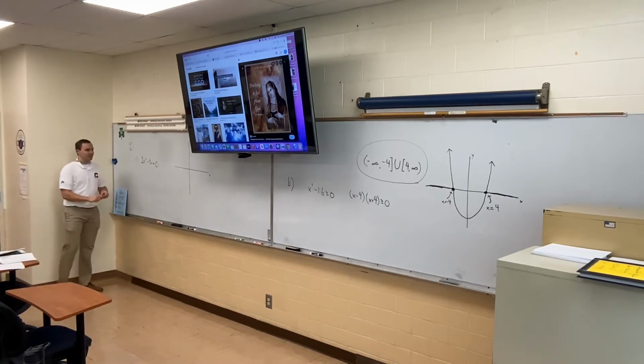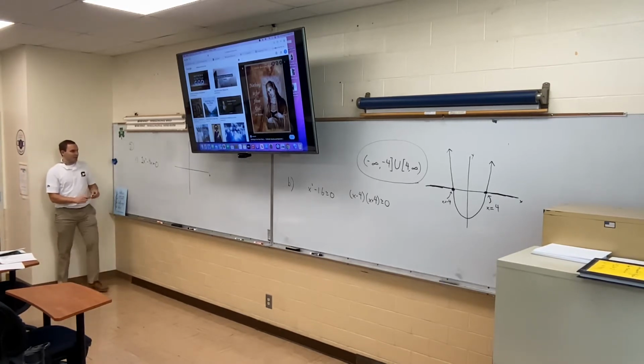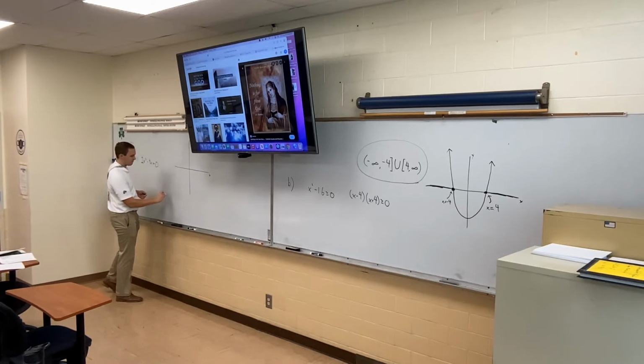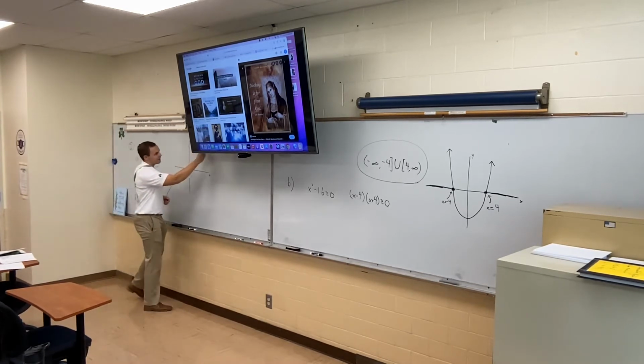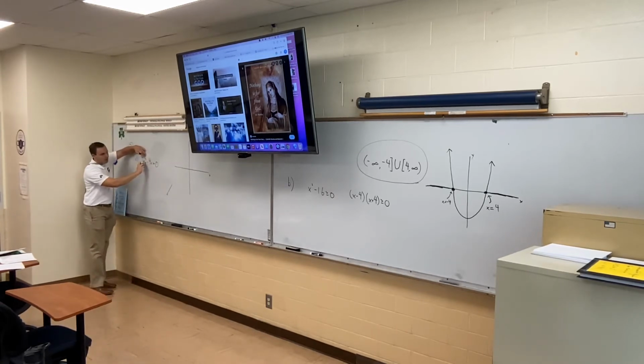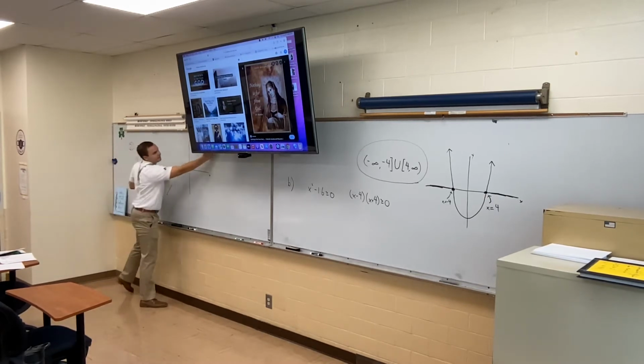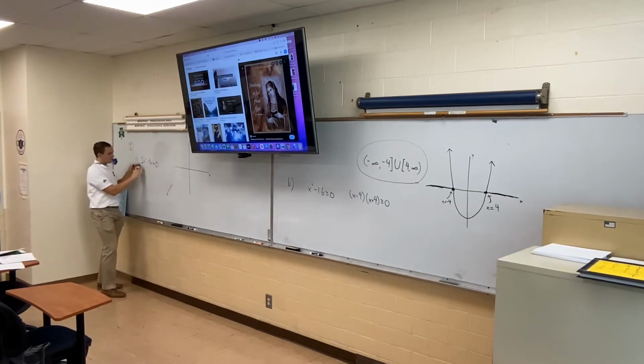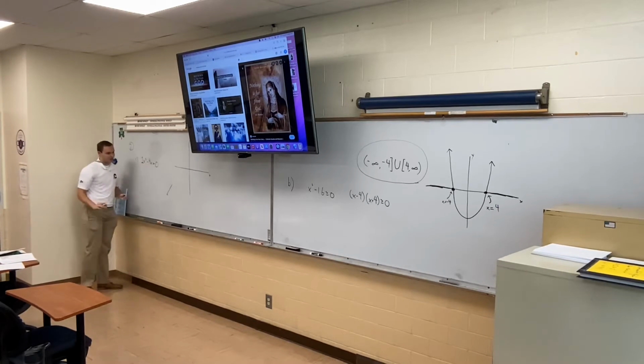What that tells us is that we're going to start from negative infinity and end at positive infinity, right? So we know there's opposite end behavior because it's an odd degree polynomial, and we know we start at negative infinity and end at positive infinity because the coefficient of my x cubed term is positive.